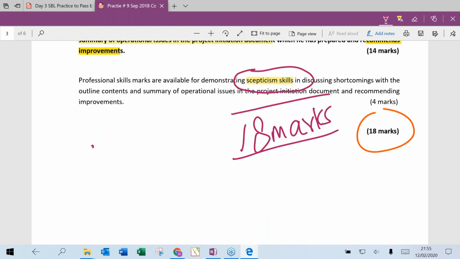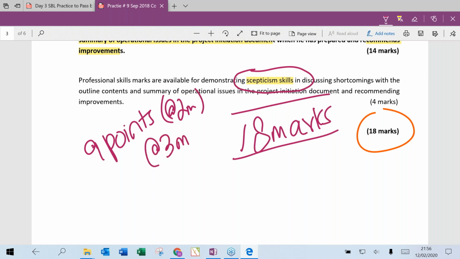So, how many points for 18 marks? If we go by 2 marks, correct? But remember, did I tell you there are some exceptions? I think I did not tell you this yesterday. Oh, yeah, I did tell you the exceptions. The exception is that whenever you are asked to identify the weakness and give recommendation as well, then you have to follow 3 marks.